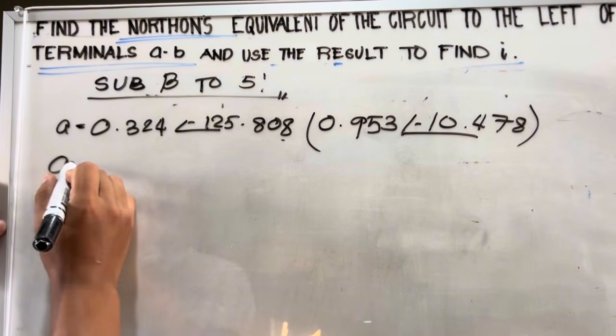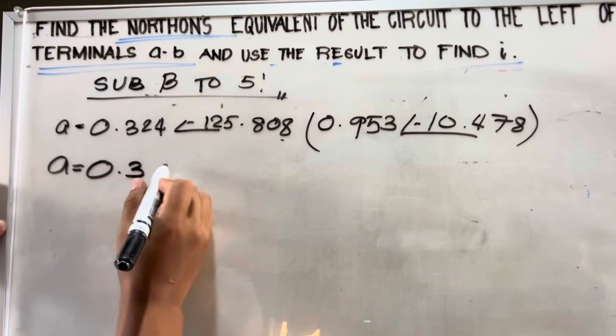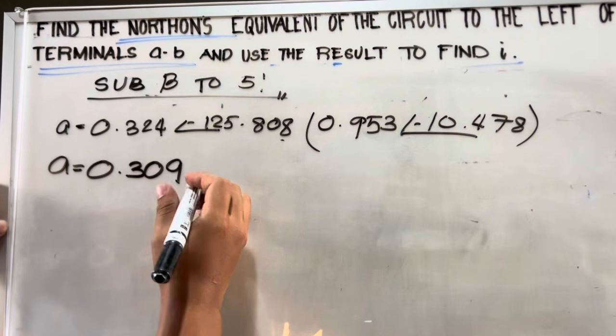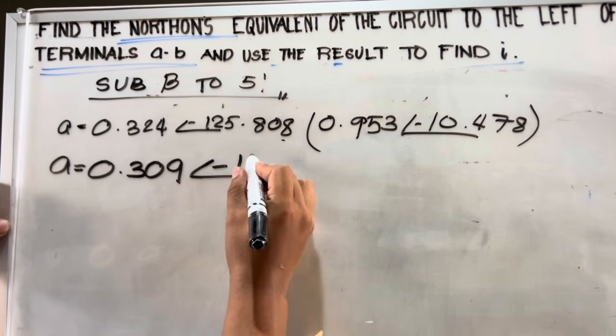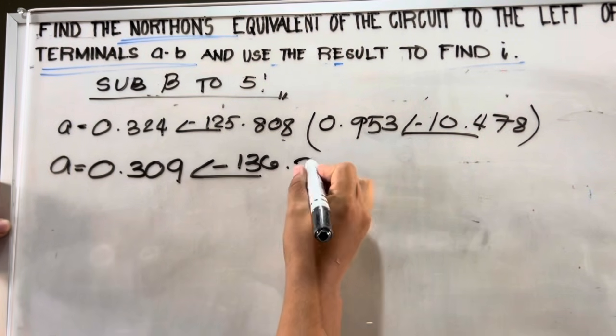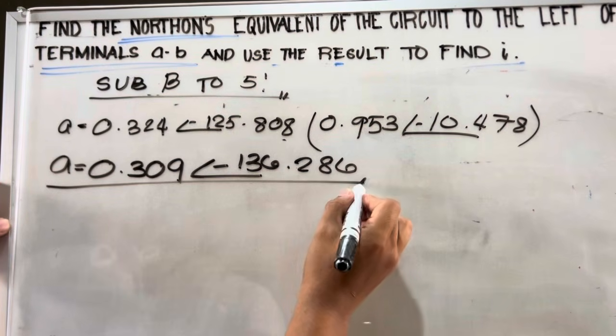Therefore, we have A is equivalent to 0.309 angle of negative 136.286. This is our A.